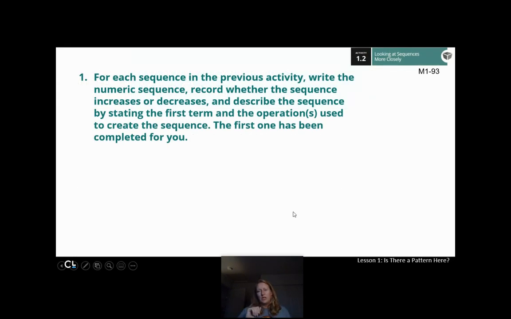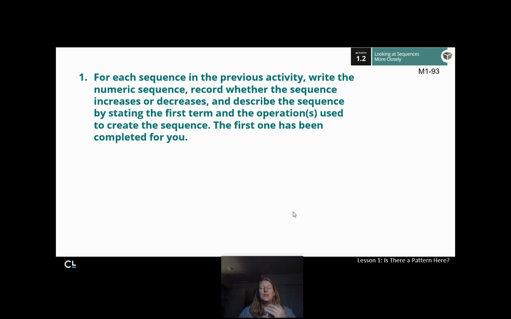So for each sequence in the previous activity, you're going to fill in this table. There's this great big table there on page 93. In fact, it's so big, I couldn't fit it all onto my slide, but it fits on your paper.